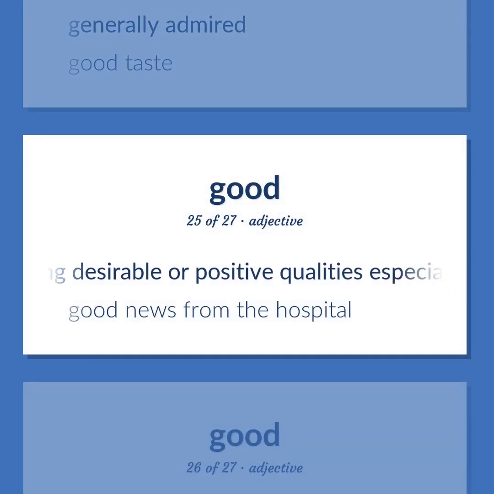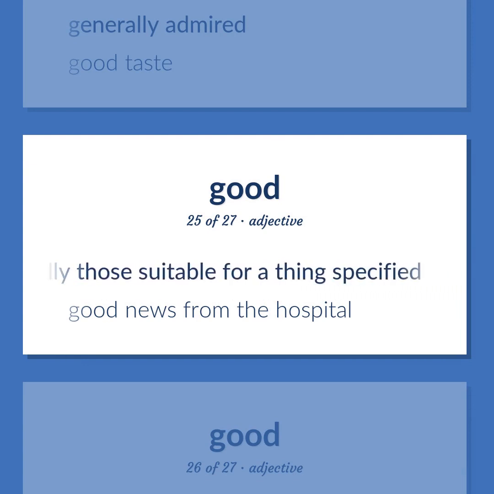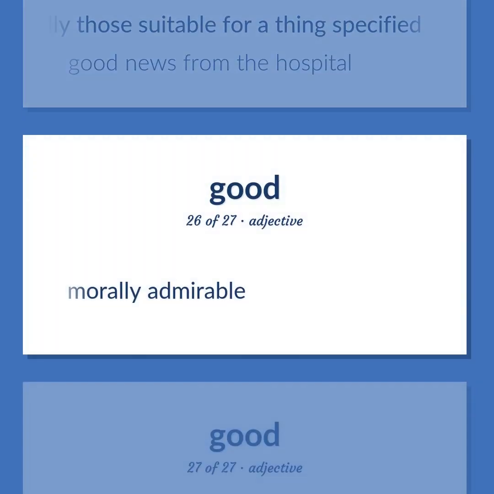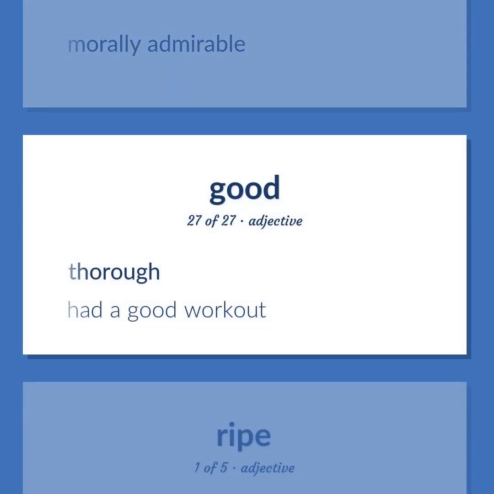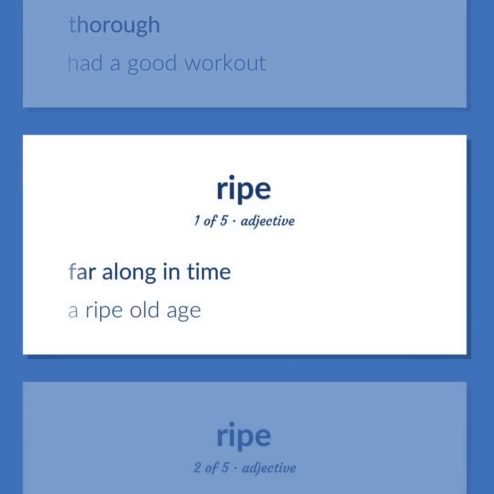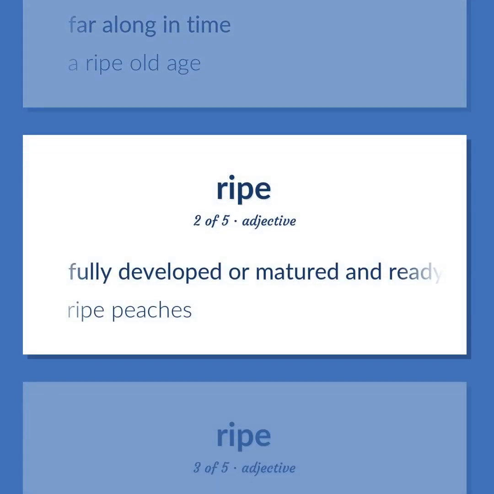Having desirable or positive qualities, especially those suitable for a thing specified. Good news from the hospital. Morally admirable. Thorough. Had a good workout. Far along in time. A ripe old age. Fully developed or matured and ready to be eaten or used.